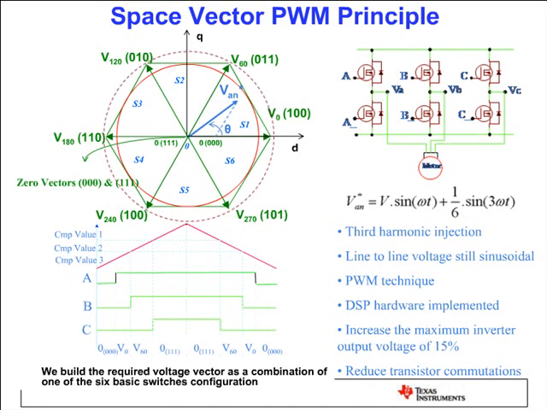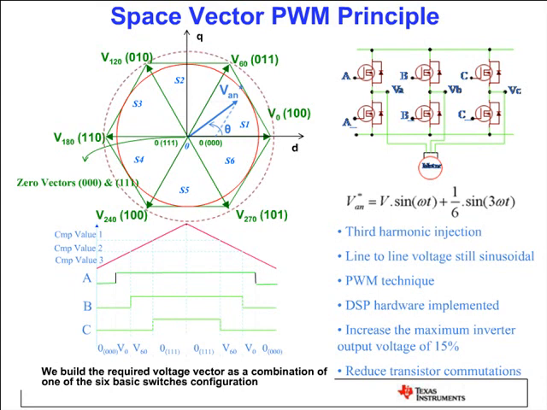So these are the vectors, and the blue one is the vector that we want to control, the field vector, or voltage vector. So what we do, we calculate the projections of the blue vector on V0 and V60, and these projections are the instantaneous duty cycles of the PWM pulses.